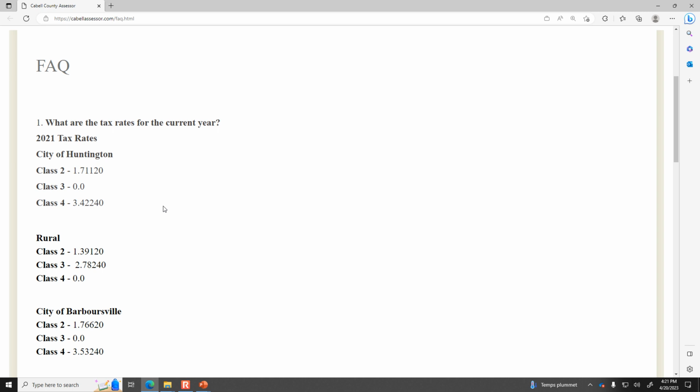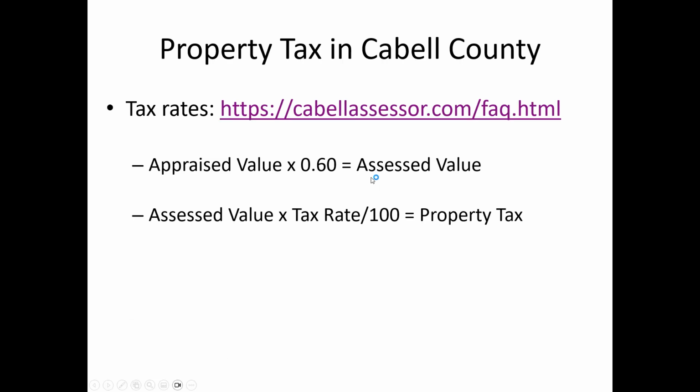So, for example, a house that is in Huntington that is owned by the occupant has the tax rate of 1.71.